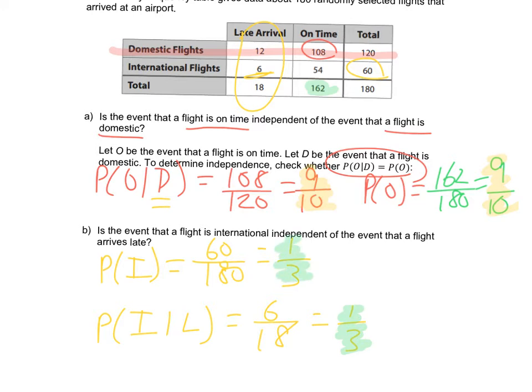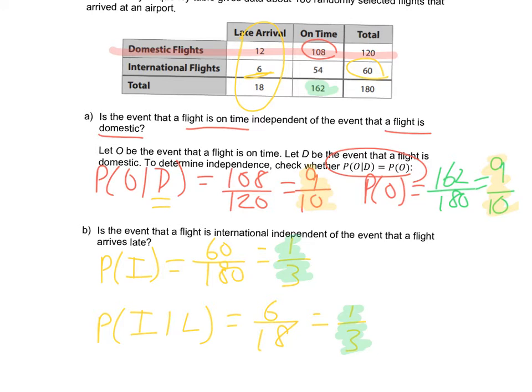The probability of the flight being international is the same regardless of whether or not the flight was late. So in other words, being late was not affected by the fact that the flight was international.